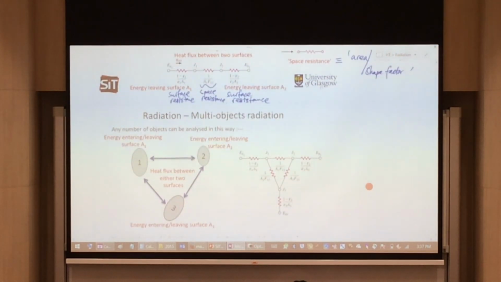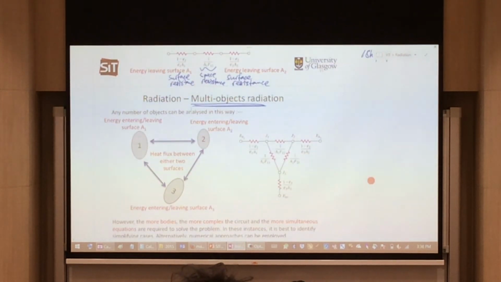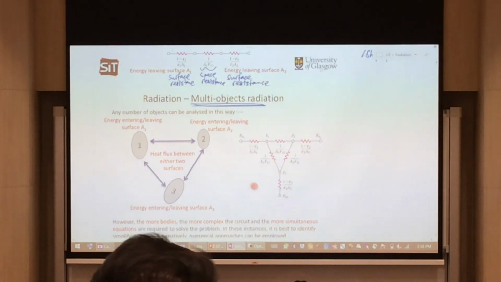Now, if you have multiple objects, 3 objects, 1, 2, 3, you would know that the energy entering or leaving surface 1 will interact with the energy entering and leaving surface 2, and then so will the energy entering and leaving surface 3. If I were to sketch out all the thermal resistances, it's going to look like that.